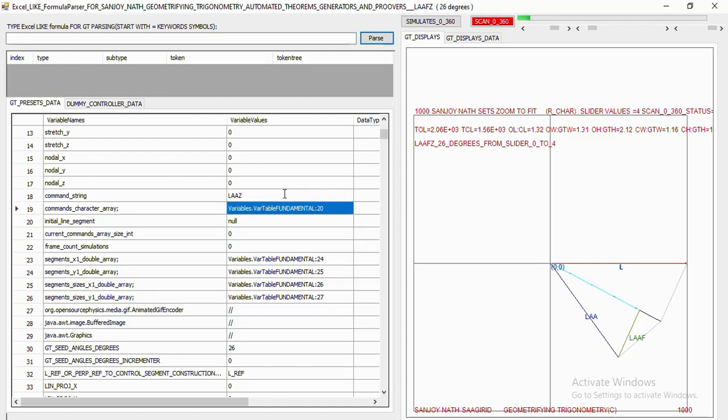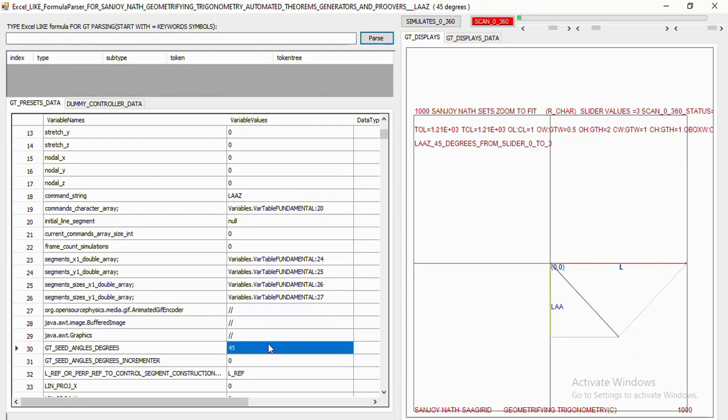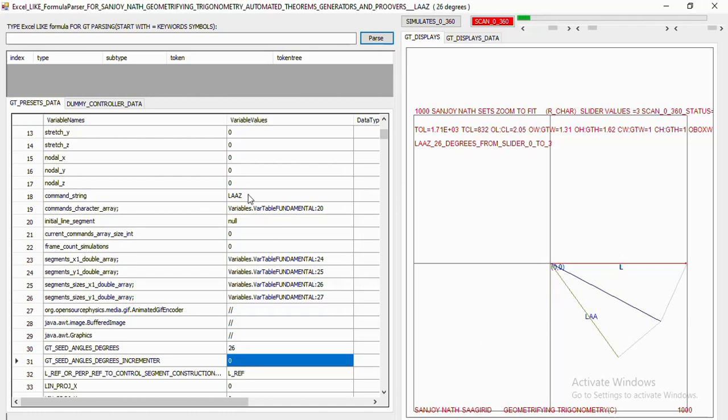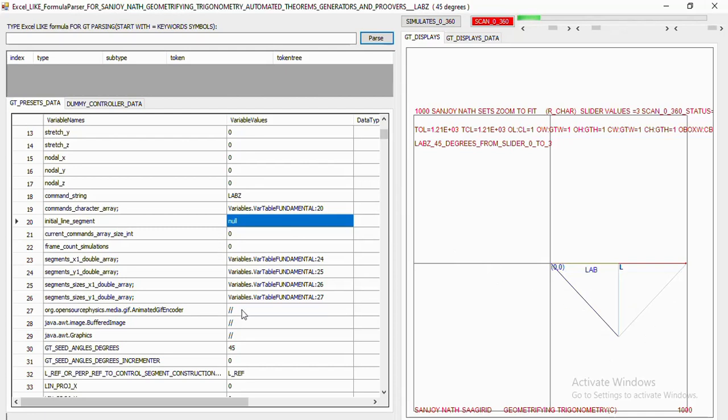LAAZ is the behavior of cos square theta. LABZ is also cos square theta. It is also cos square theta.